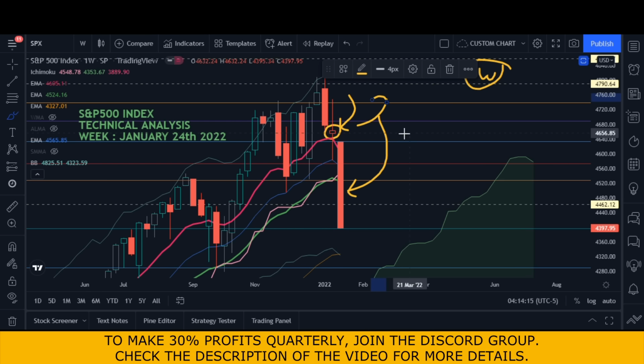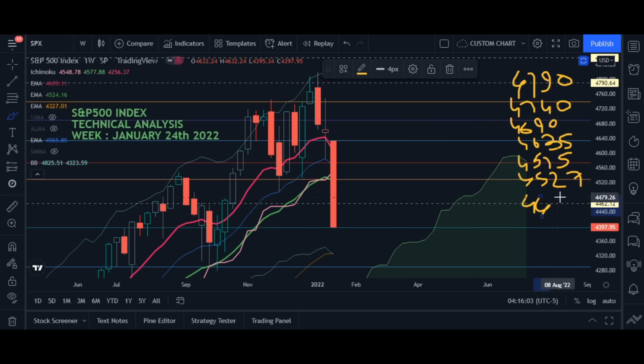Then we have 4528 or 4527. Then we have 4460, and then finally this support at 4395.